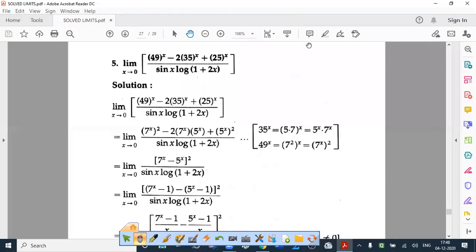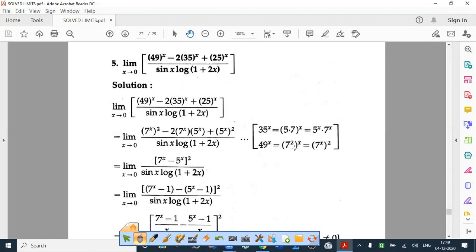Now fifth one, limit as x tends to 0 of (49 raised to x minus 2 into 35 raised to x plus 25 raised to x). Now 35 is 5 into 7, so this is 5 raised to x into 7 raised to x. I can write 49 as 7 square. Now 7 square means 7 into 7, so 7 into 7 raised to x means 7 raised to x into 7 raised to x, that is the square of this.